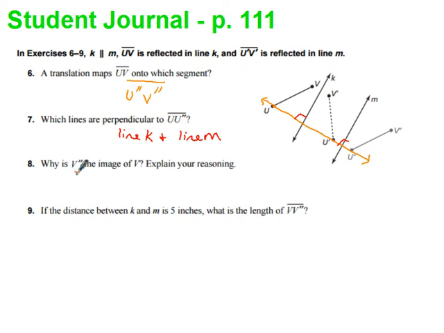Now it says, why is V double prime the image of V? And so it wants us to explain our reasoning. So on this, just taking a look at this, we are going to basically say that the reason it works out is because line K and line M are parallel.